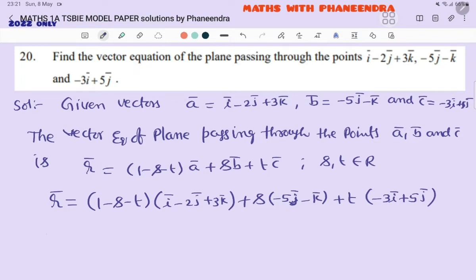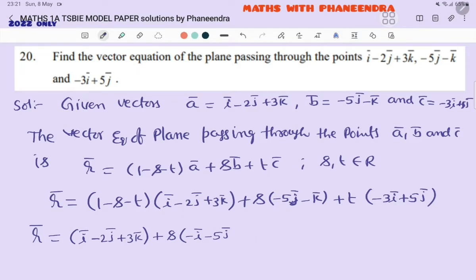Otherwise, one thing you have to do, r bar equal to first 1 into i bar, j bar vectors, we write it. So 1 into this value, i minus 2j plus 3k. Next plus s, if you take out common, minus i, minus 5j. That's all, only s values: minus i.